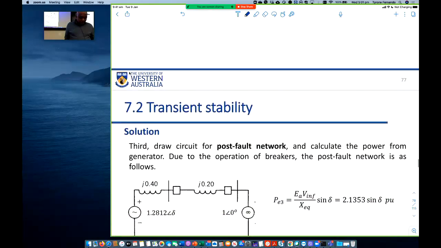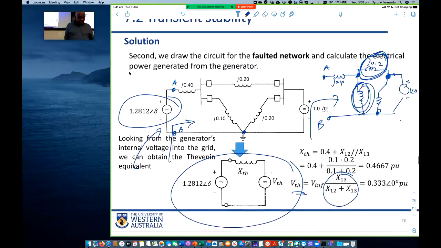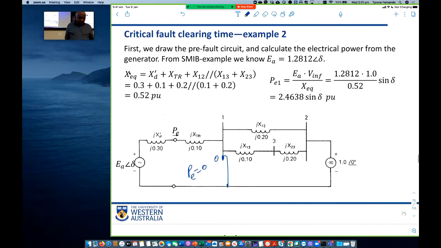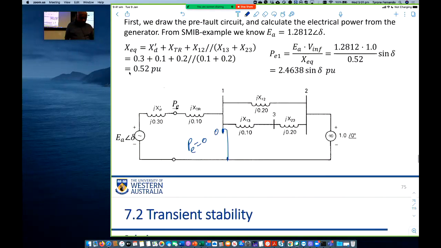After the fault, the question says we remove that line. When you remove the line, you have a different power curve because you have all those impedances connected in series.